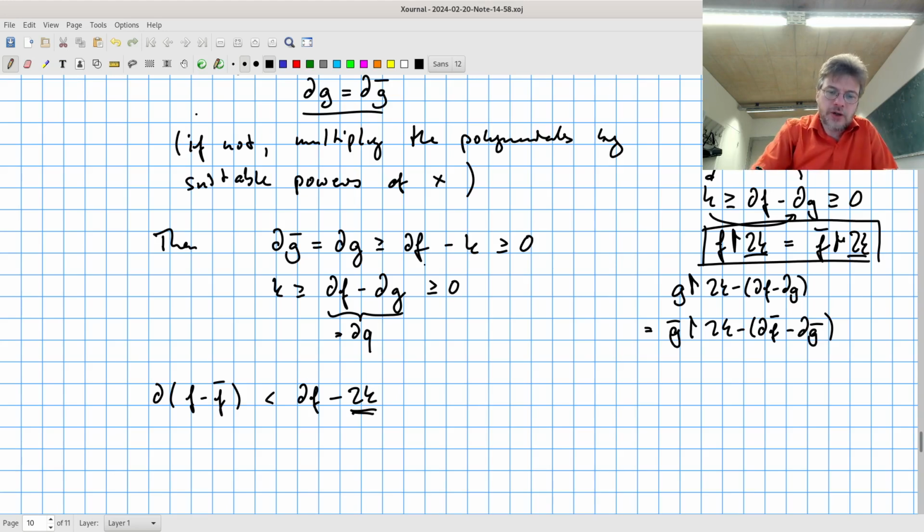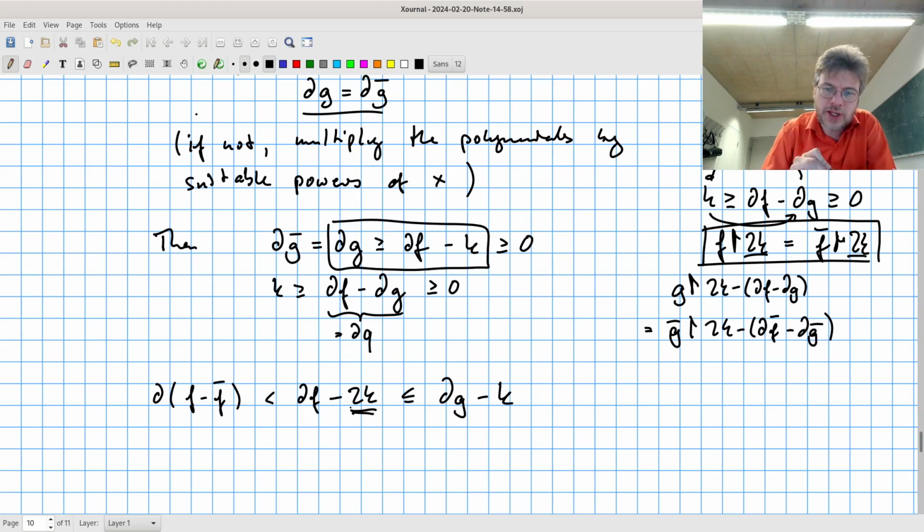Okay, and now if I combine this with these inequalities, then I get that this is bounded by the degree of g minus the degree of k. Why is this? I use this inequality here with one of the two k's.